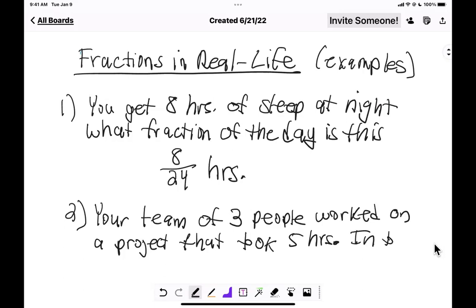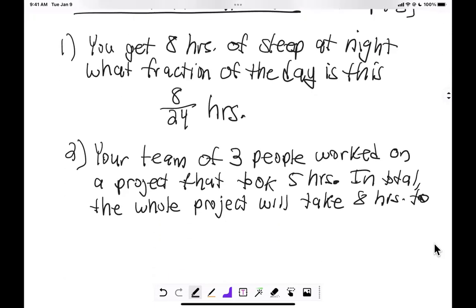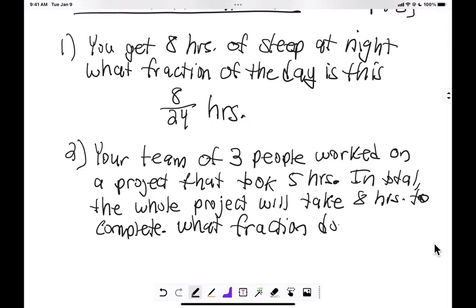In total, the whole project will take 8 hours to complete. What fraction does this represent?